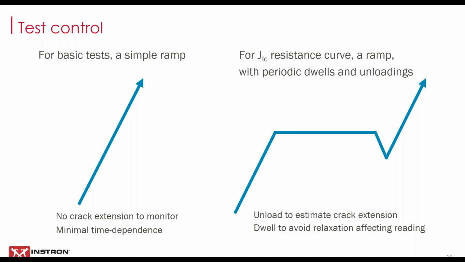And we put that dwell step in because there is a time dependence, and that material is actually relaxing. If it's relaxing at the same time as you're unloading, then your measurement is affected by that. So the dwell is there to handle the time dependence.